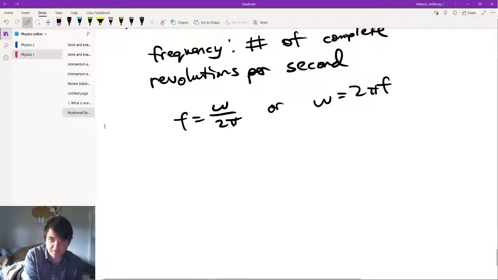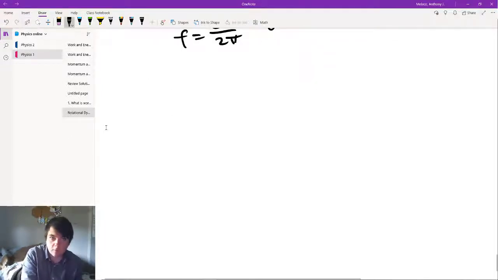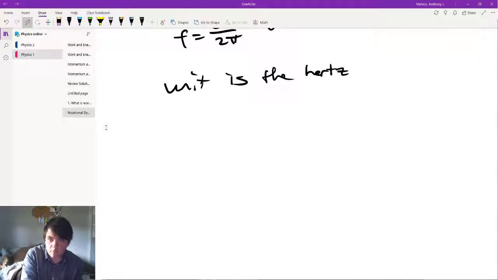This is the distance, this is the rate, so that should make sense as to why the equation is like that. The unit is the hertz, or 1 rev per second, written as inverse second, or 1 over second.